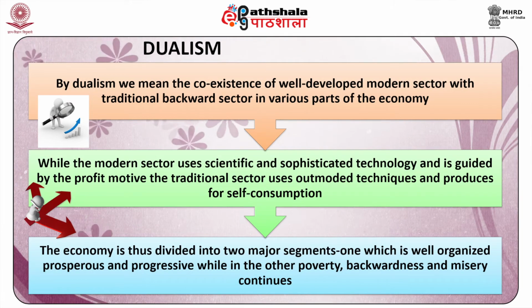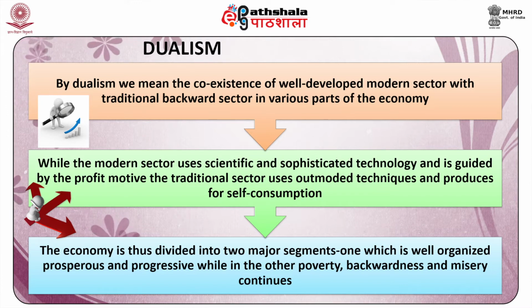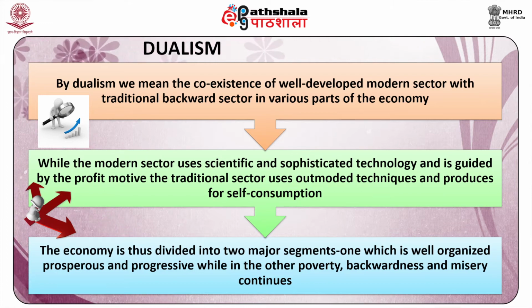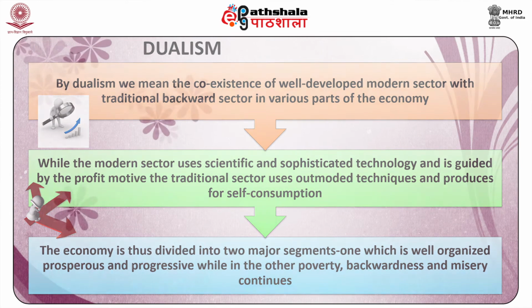While the modern sector uses scientific and sophisticated technology and is guided by the profit motive, the traditional sector uses outmoded techniques and produces for self-consumption. The economy is thus divided into two major segments, one which is well organized, prosperous and progressive, the other is in poverty, backwardness and misery.